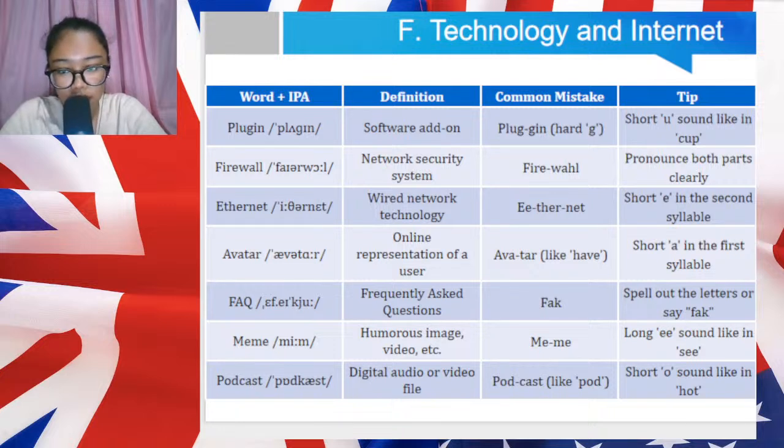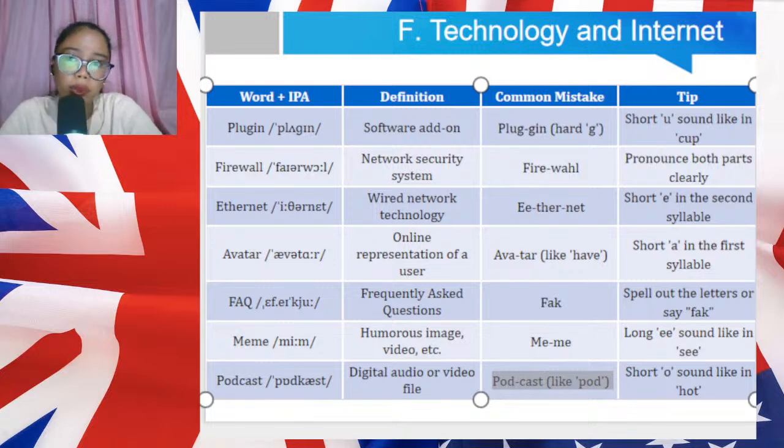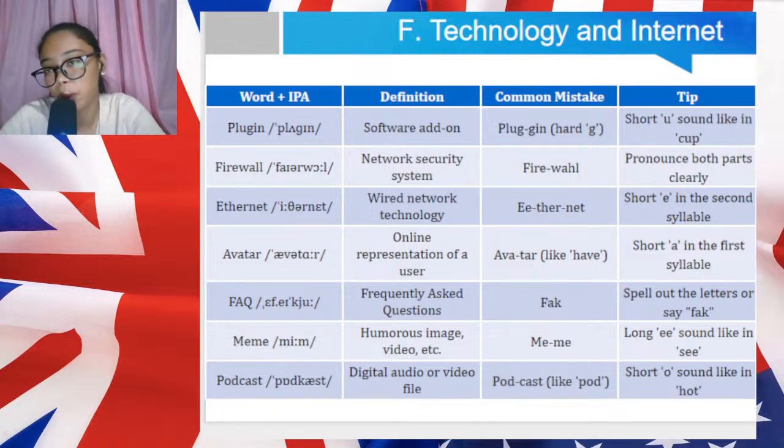Although it is understandable because it's a subtle difference from the correct pronunciation. Just look at how my lips and mouth are formed when I say the two different pronunciations.